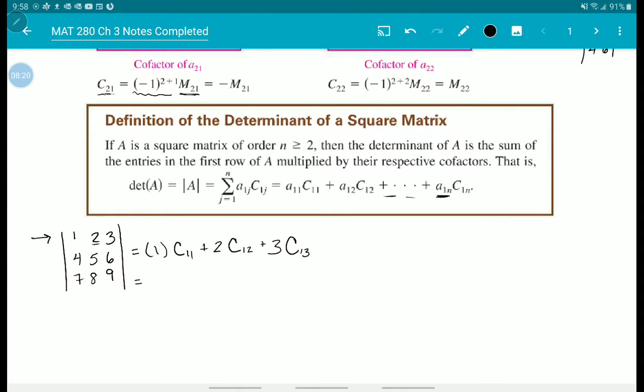Now, practically, here's what's going on. We've got 1, right? If I take out that first row and that first column, the minor is going to be this 5, 6, 8, 9. The cofactor includes the sign, so this is going to be negative 1 to the 1 plus 1, first row, first column, times the minor that's left over.